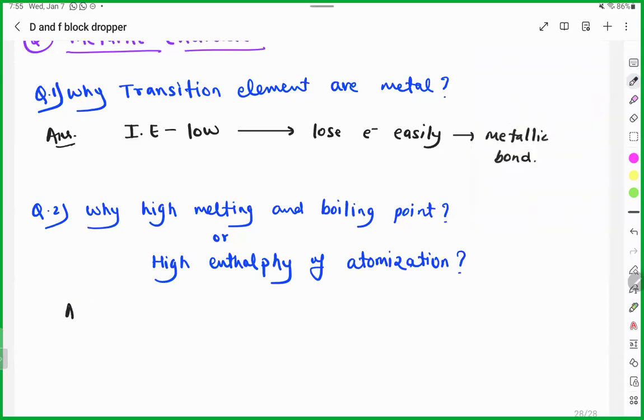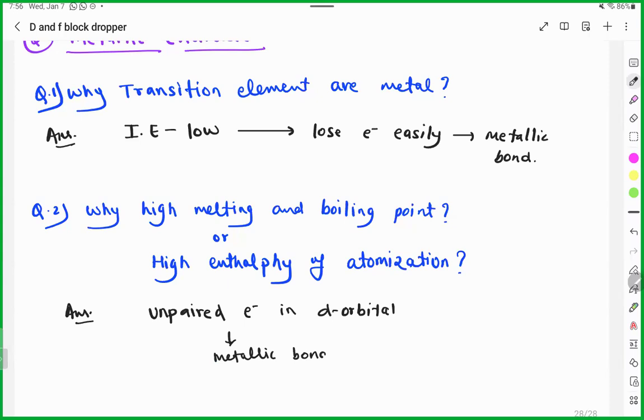So when you have unpaired electrons in the d orbital, what will happen? The metallic bond will be strong, and when you have more unpaired electrons, there will be a stronger metallic bond.